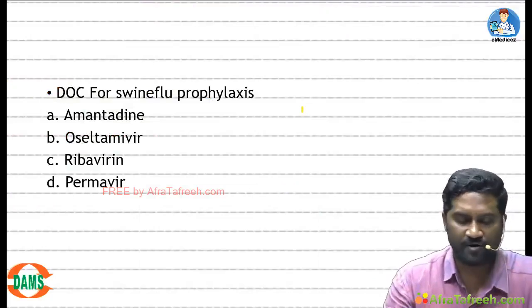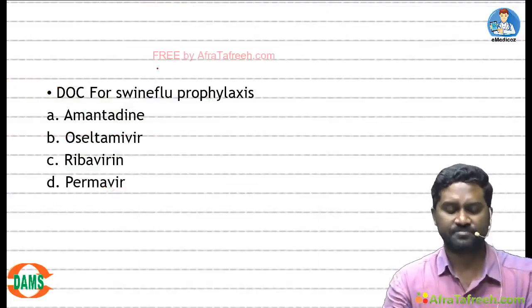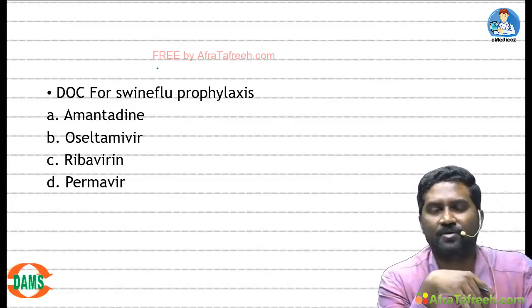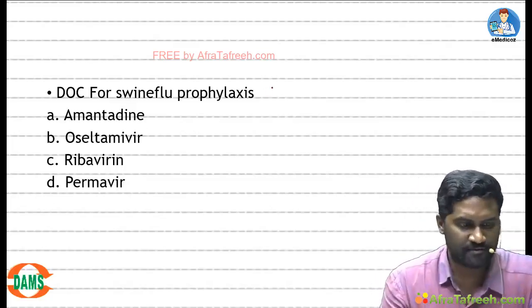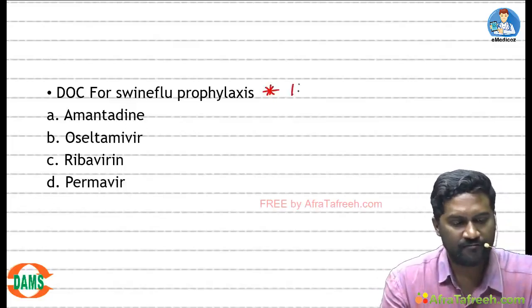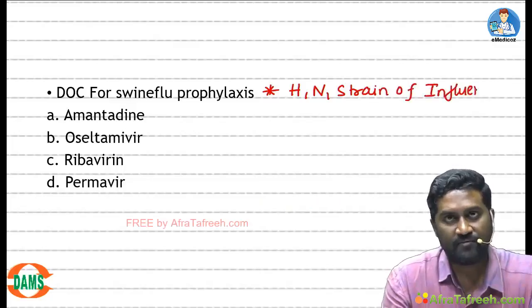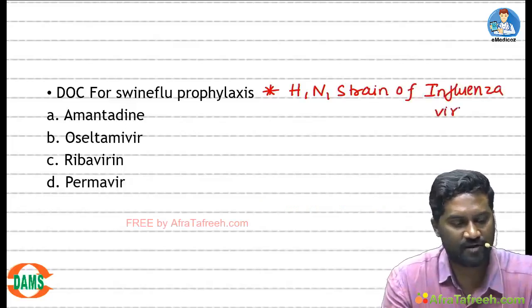Now, drug of choice for swine flu prophylaxis. Because of COVID, we completely forgot about swine flu, but there are a few things that you should know. This swine flu is caused by the H1N1 strain of influenza virus.